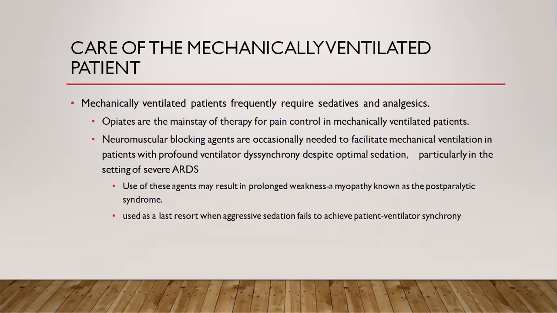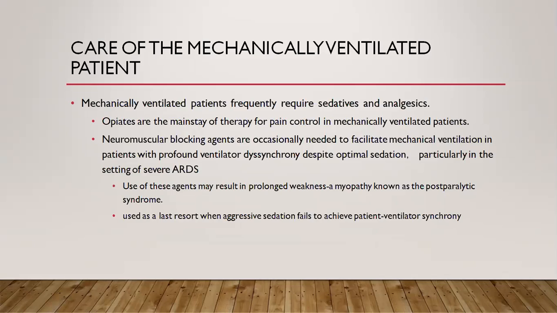So mechanically ventilated patients frequently require sedatives and analgesics, especially sa beginning, sa start. So opiates are the mainstay of therapy for pain control among mechanically ventilated patients. You can also give neuromuscular blocking agents, to facilitate mechanical ventilation in patients with profound ventilator dyssynchrony despite optimal sedation.